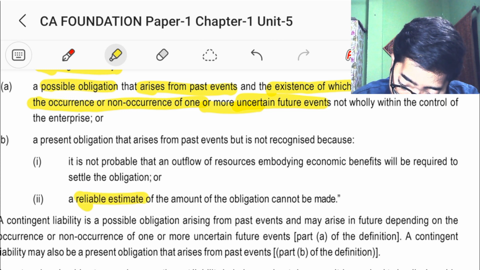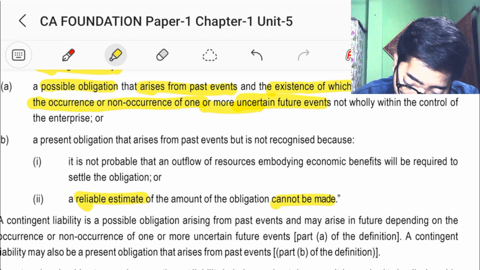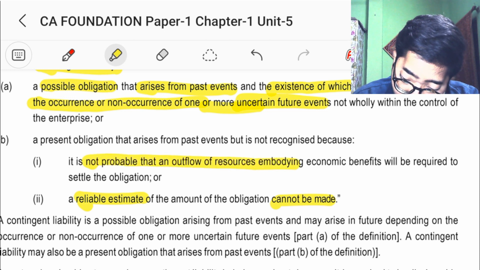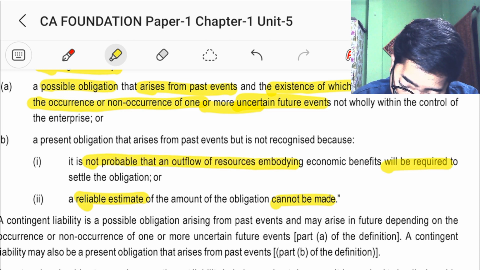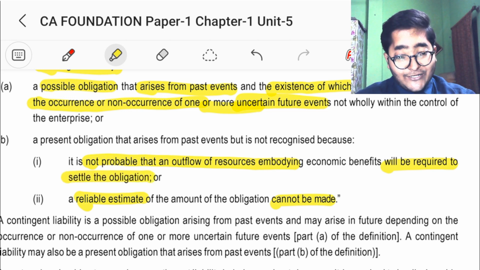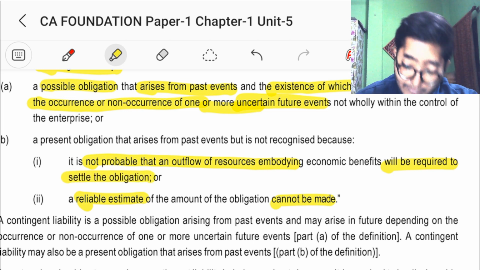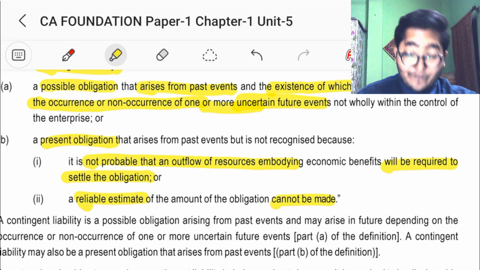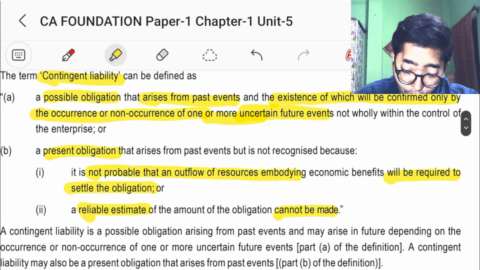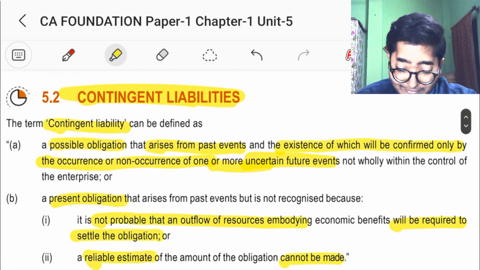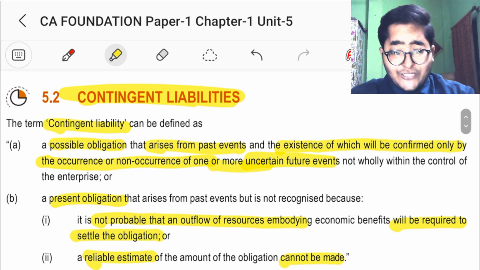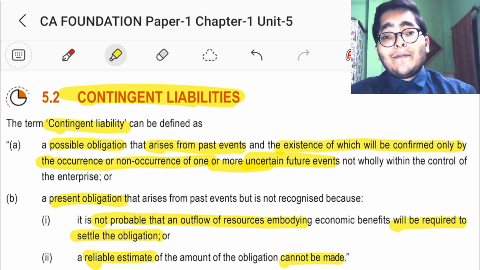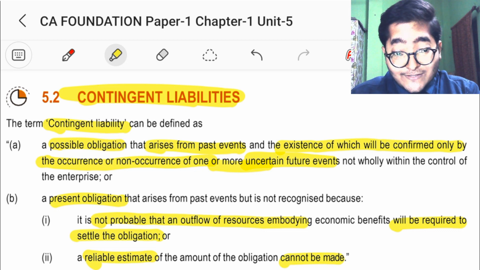Reliable estimate cannot be made. It is a present obligation. So, in this point, we can see two complications. Contingent liability has two definitions.